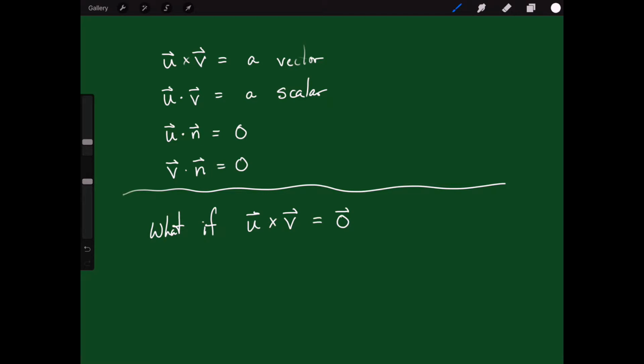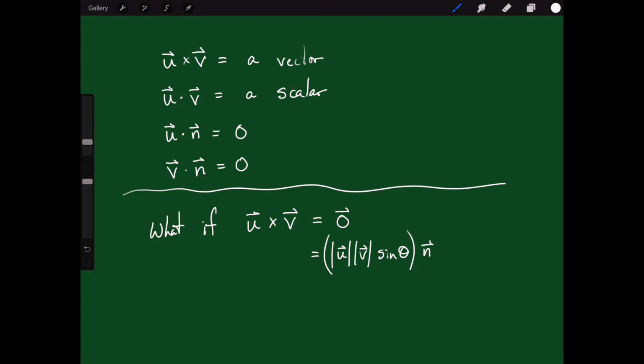But let's say that they're not. Well, what is the cross of two things? Well, this is equal to magnitude of u times magnitude of v times sine of theta times all of that multiplied by some normal vector n, or some orthogonal vector.